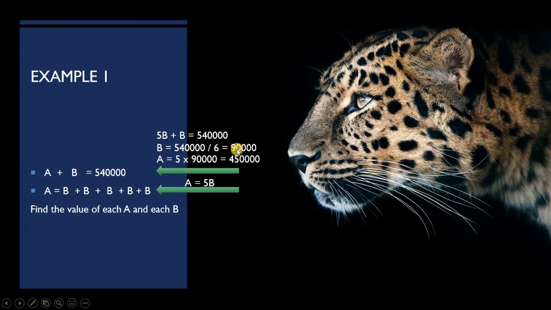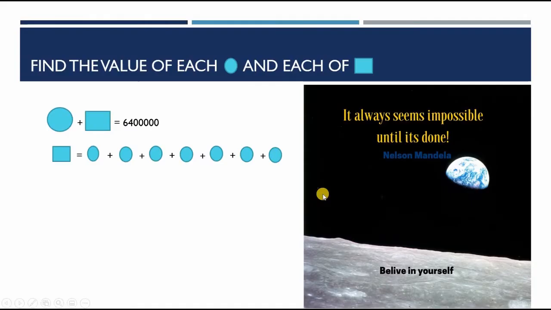Therefore, B is equal to 540,000 divided by 6, which is 90,000. So if B is 90,000, A is equal to 5 multiplied by 90,000, which is equal to 450,000. So let's look at another example.